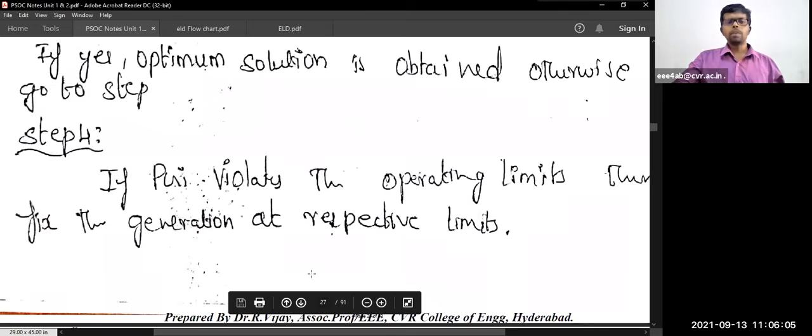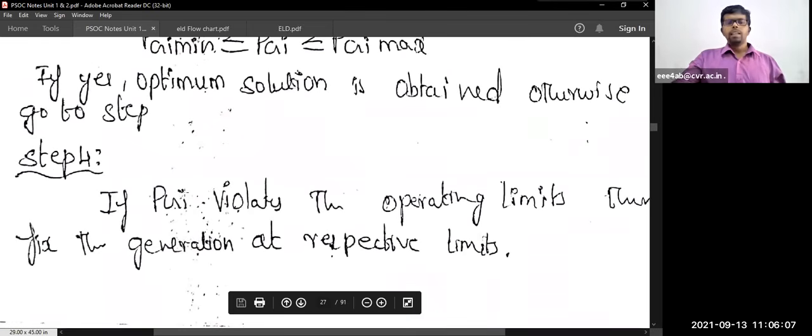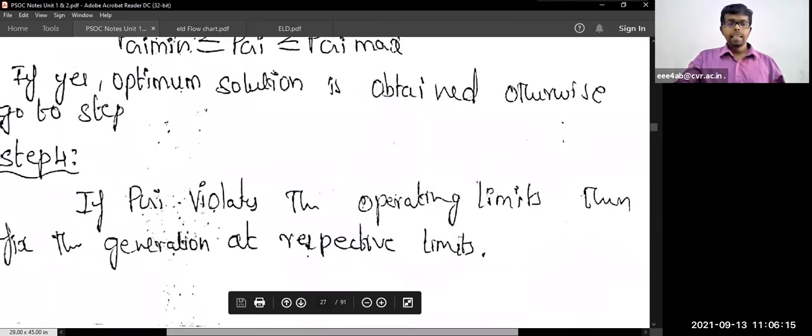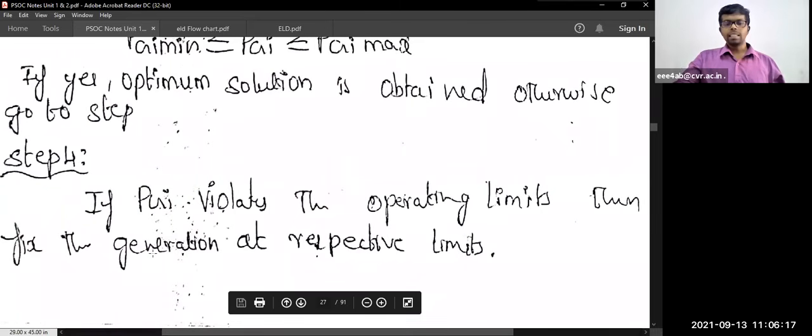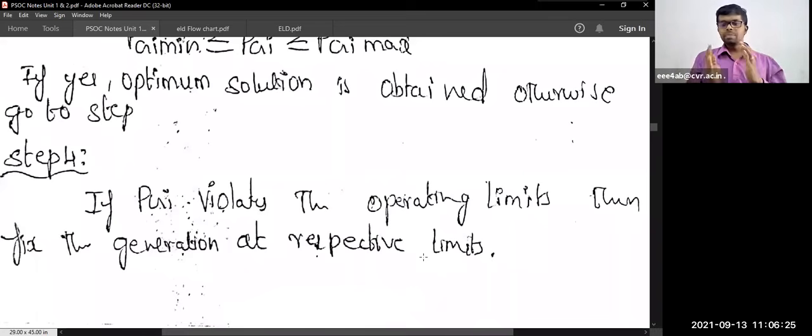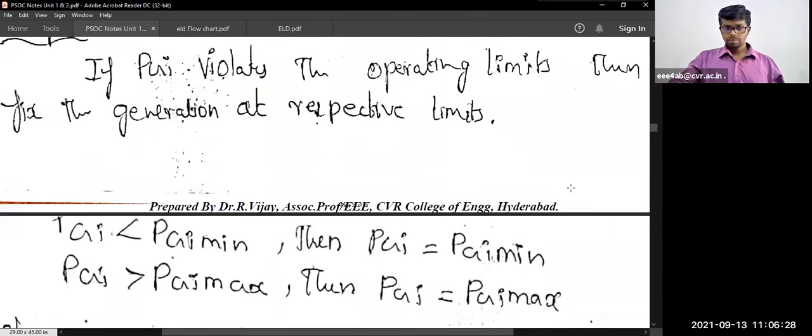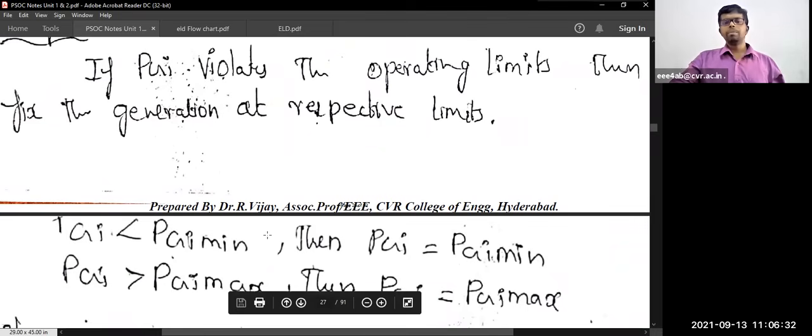What is step number 4? If PGI violates the operating limits, then fix the generation at the respective limits. That is, if PGI is less than PGI minimum, then PGI is equal to PGI minimum.